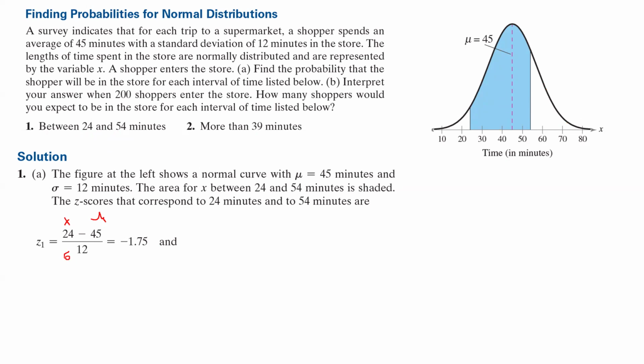If you do the conversion, your z1 is negative 1.75 and your z2 is 0.75. Then the probability that x is between 24 minutes and 54 minutes is the same as the probability that z is between negative 1.75 and 0.75, which is about 73%.